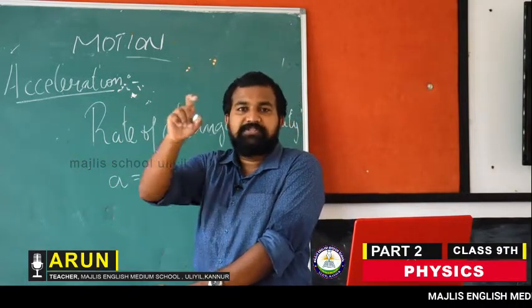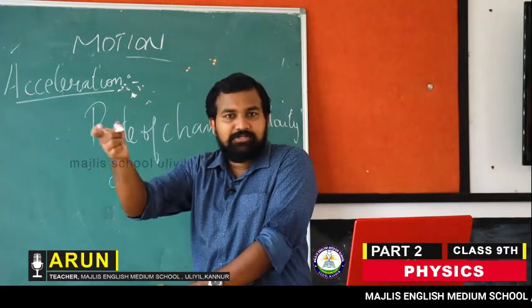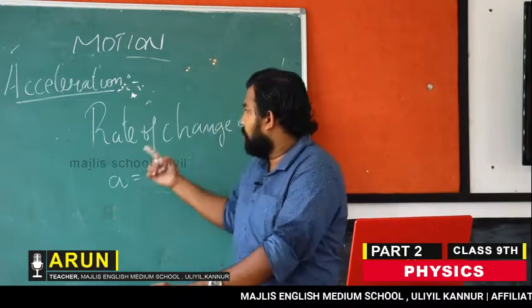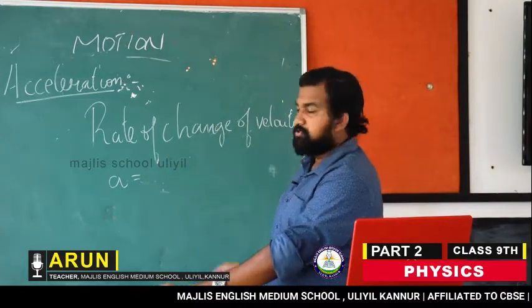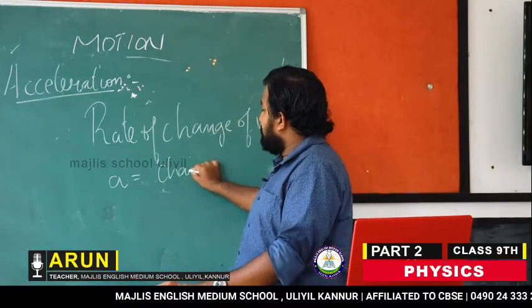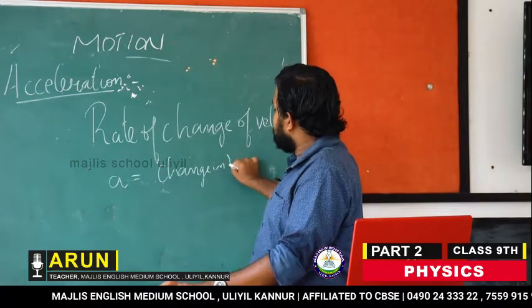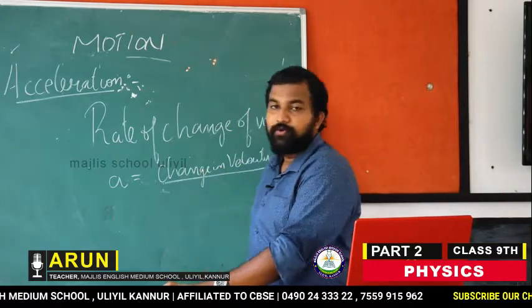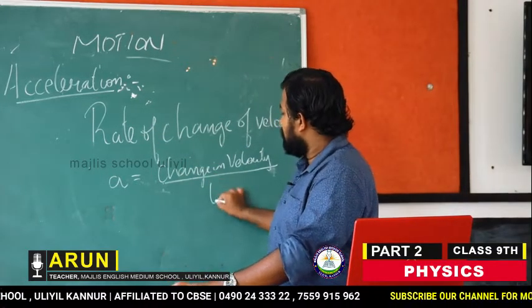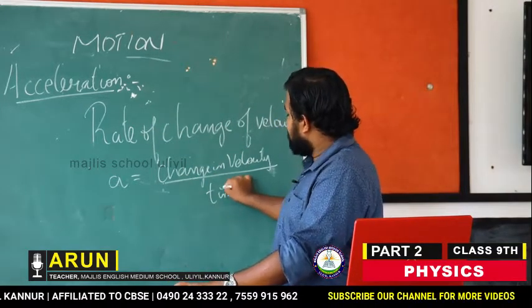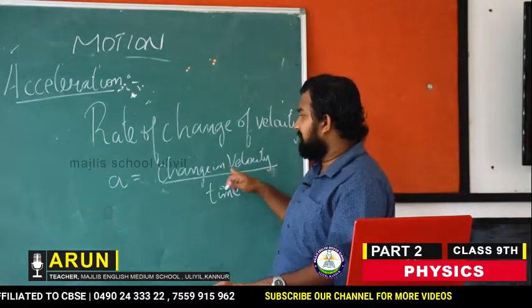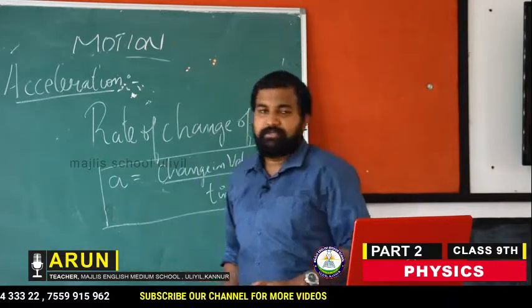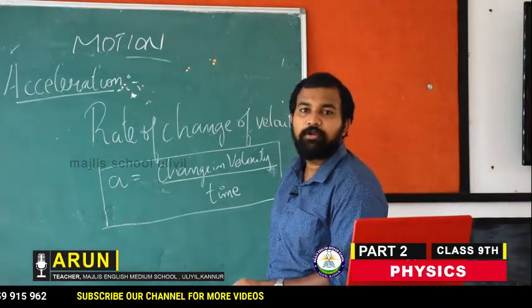So rate of change of position means change in position divided by time. Distance by time, speed. So here, the rate of change of velocity is change in velocity divided by time. Rate means always with respect to time. This is the equation for acceleration.